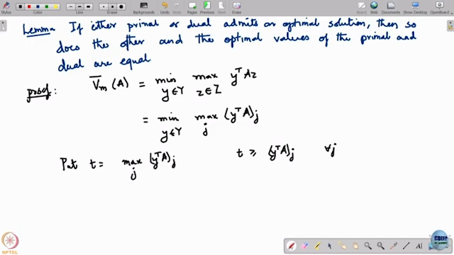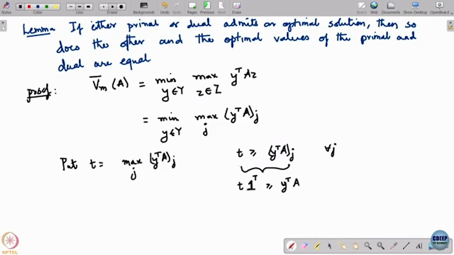Now, one way to write this whole thing is the following. T is a scalar, the maximum over j of y transpose A j. So I am going to multiply T with a vector of 1s. So T times 1 is greater than or equal to, so this 1 is a column vector, I will just transpose it. So T times 1 transpose is greater than or equal to y transpose A.